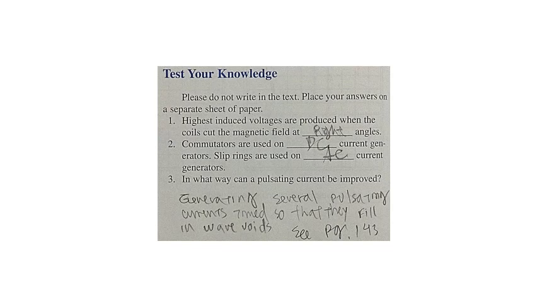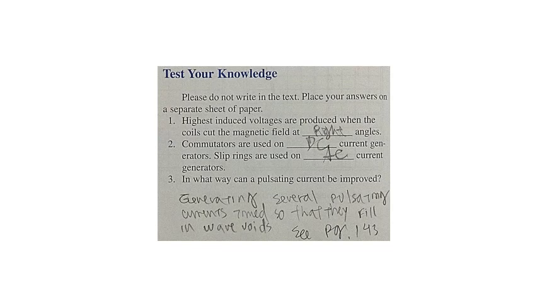Commutators are used on blank current generators, and slip rings are used on blank current generators. The answer is DC for the first, AC for the second. Commutators are used on DC generators, and slip rings are used on AC generators, also called alternators.